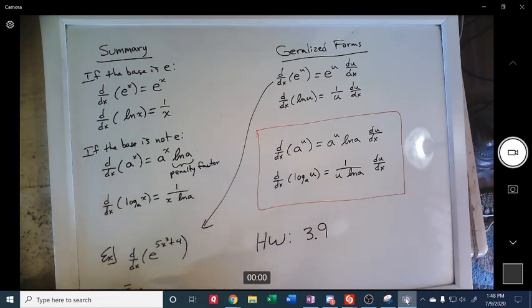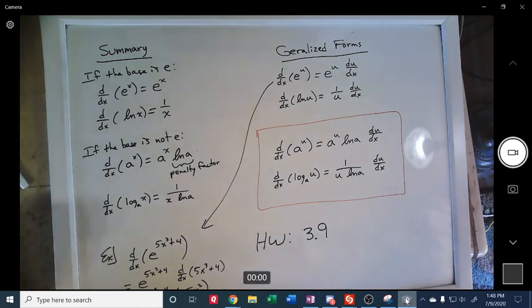That's equal to e to that thing again, but times the derivative of 5x cubed plus 4. That would give you that. That would be it. Does that answer your question? Yes. Okay. Anything else?